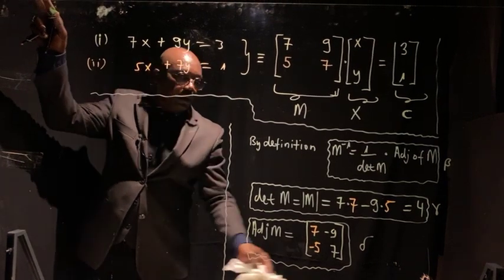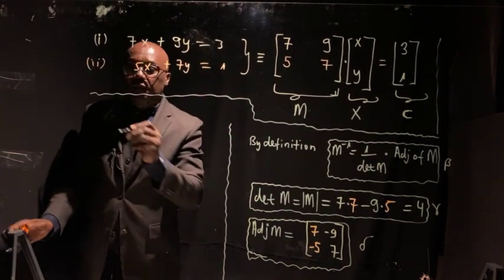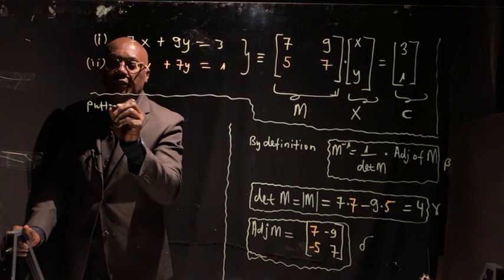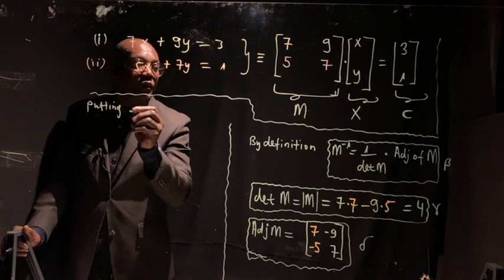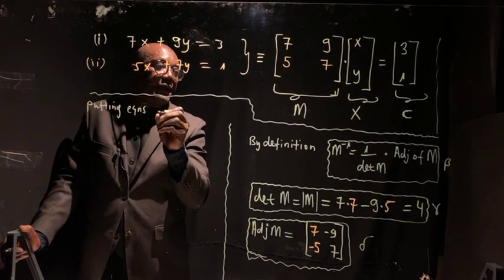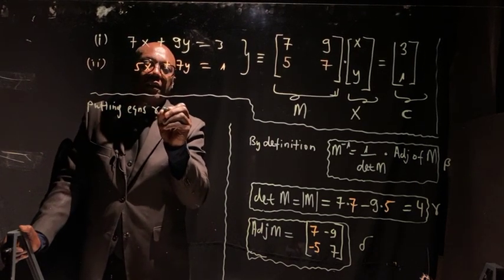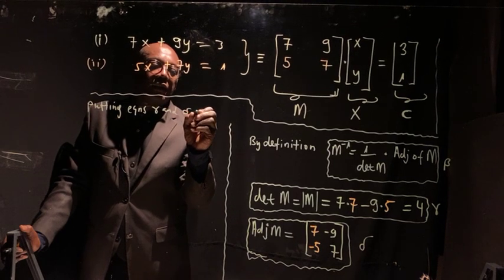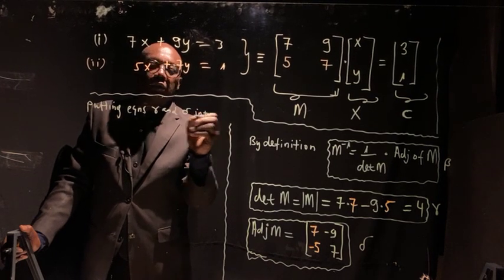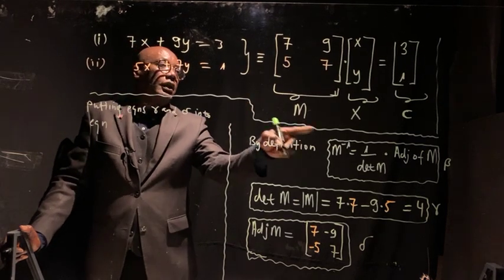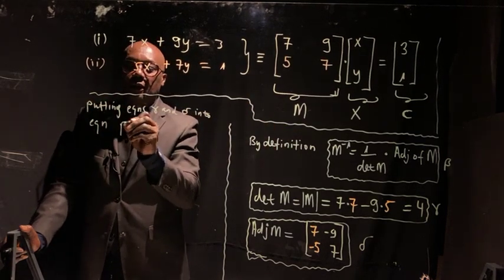So put equations gamma and delta into equation beta.